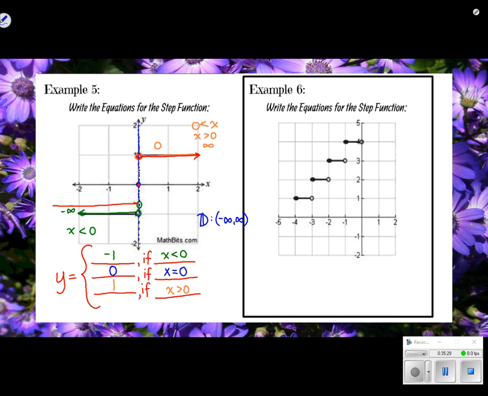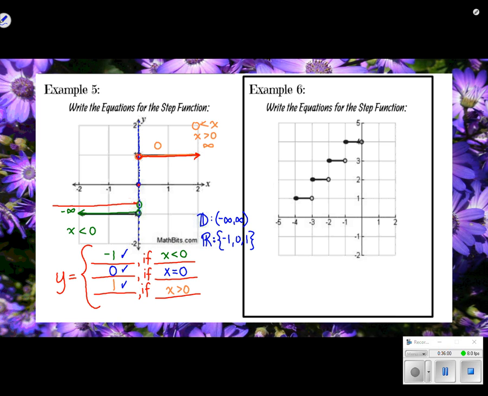Now that's not true on some of the ones that we graphed earlier. We had gaps, and so we would have a break in the graph, we would have a break in the domain. Now, there is a break in the range. There are 3, because I'm only using one of 3 y values. I'm using -1, 0, and 1. So this is where we would write this discretely: -1, 0, and 1.